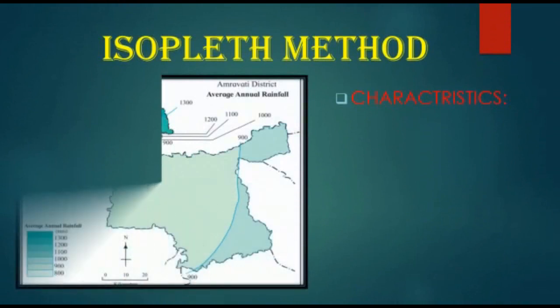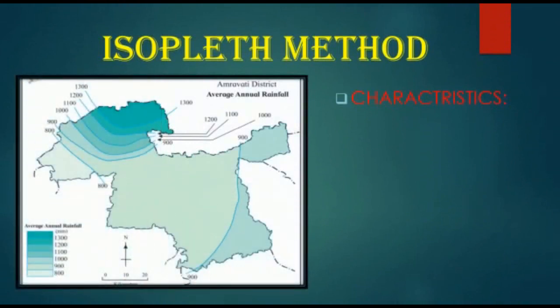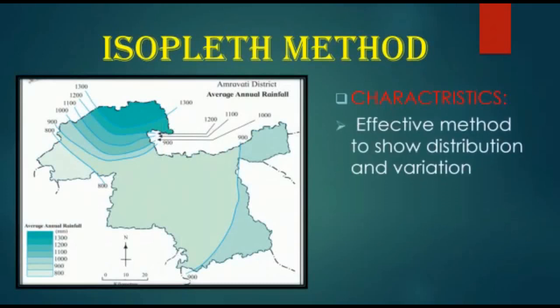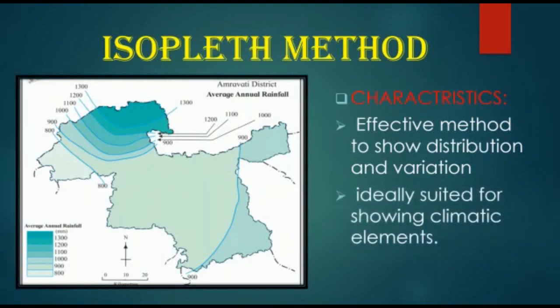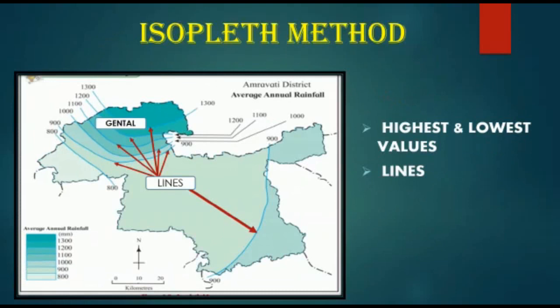Characteristics of the isopleth method map. The isopleth method map is an effective method to show distribution and variation. It is also suited for showing climatic elements. In the isopleth method map, values of the variables are written on the map at their respective locations.